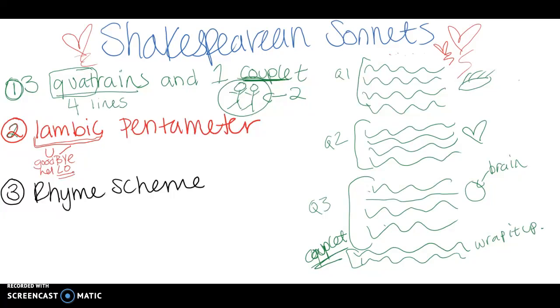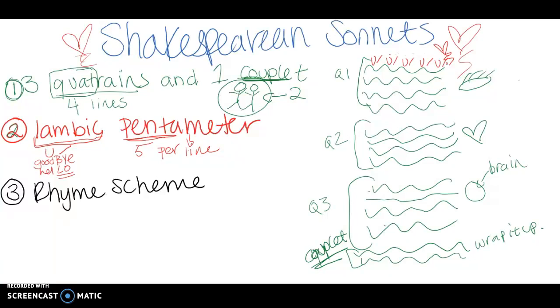So we know that in each line there's going to be this unstressed stressed combination, but pentameter means pent means 5, meter means line. So we have unstressed, stressed, 5 per line. That means in each line we have 5 combinations of the unstressed, stressed iambic syllable.